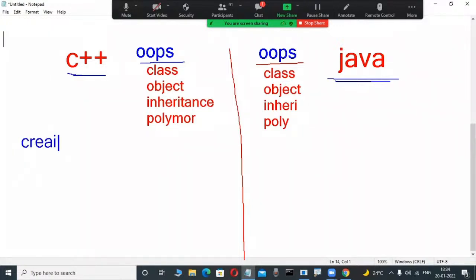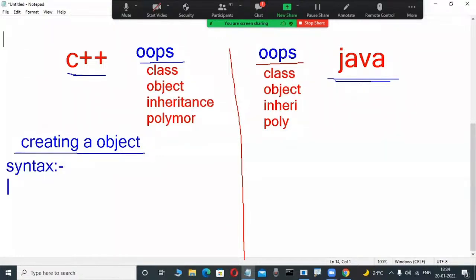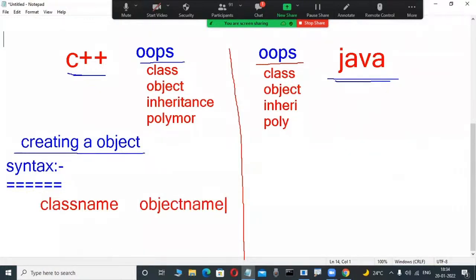Do any technical persons have an idea? Slowly observe here, here is the only difference. Class name, space, object name. This is the syntax to create an object from a class in C++.